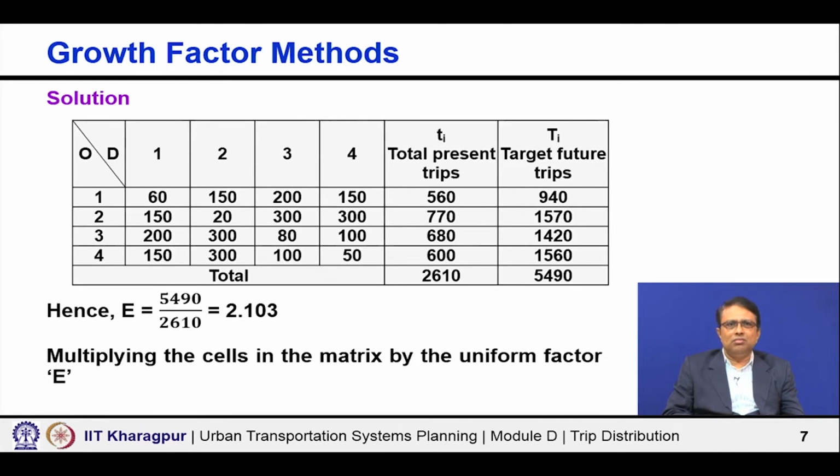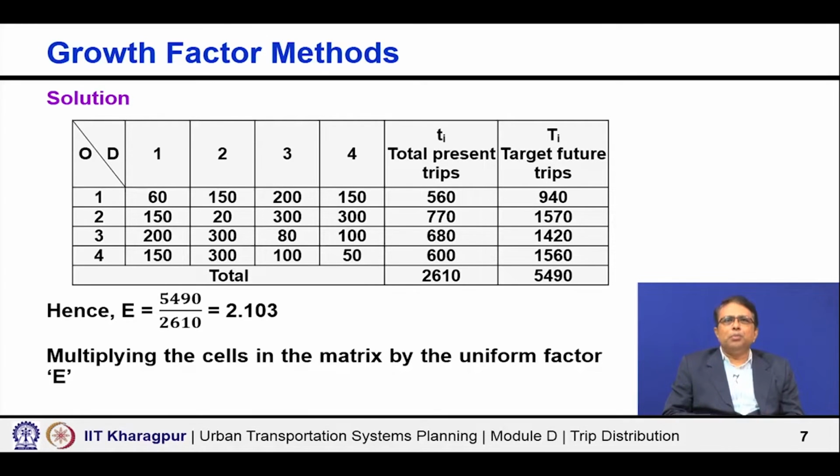How to do that? The same matrix is shown here, you can see 4 zones at the origin end, 4 zones at the destination end. What we have done is calculate the total present productions; attractions are not shown, but they will again be the same.